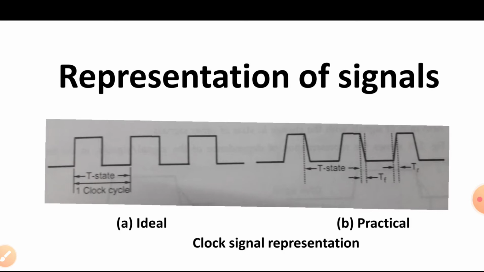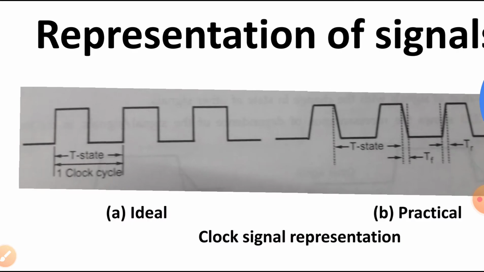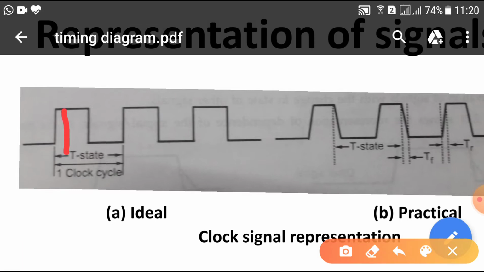Ideally the clock signal should be a square wave. The ideal square wave is shown with 0 rise time and 0 fall time. But in practice, we don't get 0 rise time and 0 fall time.